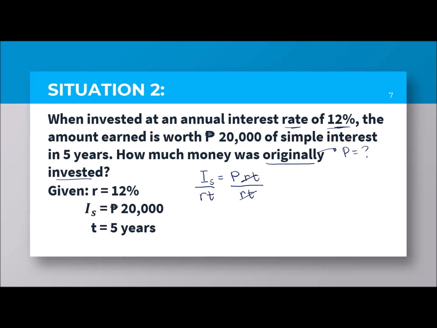So, we could cancel at ang formula na ngayon for the principal amount is P is equal to I sub S over RT. And then, substitute lang natin ang nakuha na daw na interest amount ay 20,000 pesos.